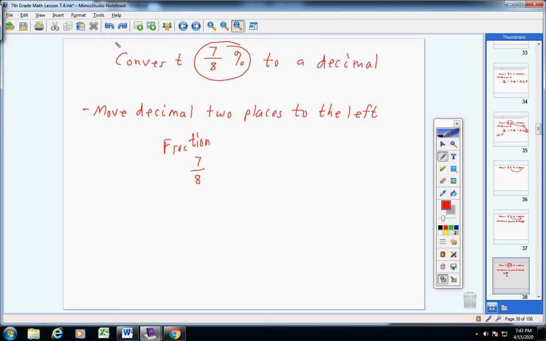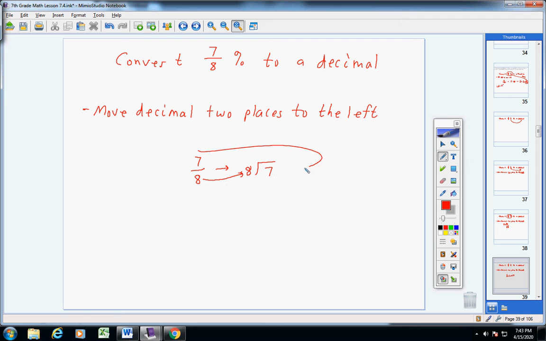In other words, I want this percentage to not be a fraction, but be a decimal, okay? So here we go. Now, guys, I hope you know how to convert fractions to decimals. The bottom of the fraction goes here, the top of the fraction goes here, and then we put a decimal and add zeros.